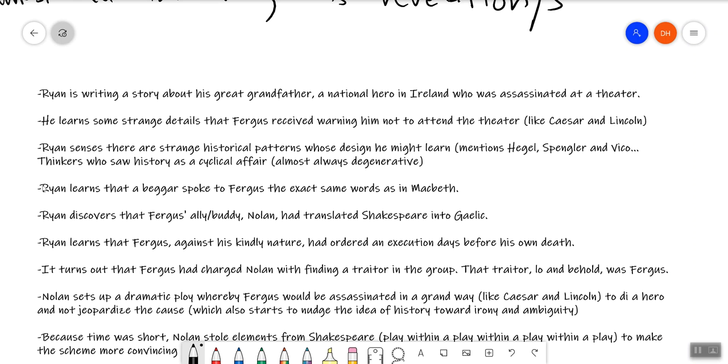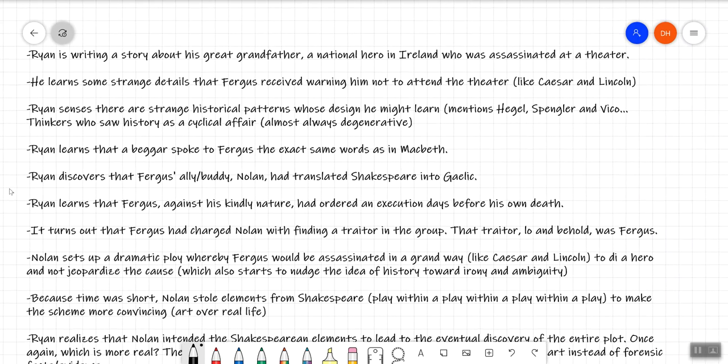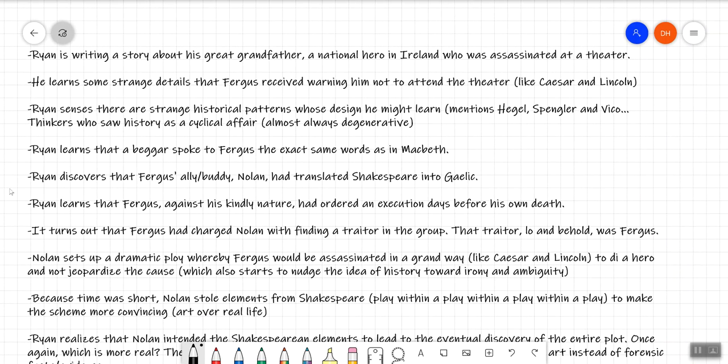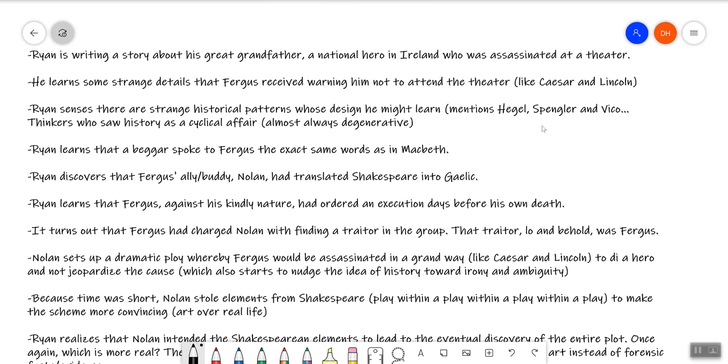Now, Ryan says he started to sense there are strange historical patterns whose design he might learn. He mentions Hegel, Spengler, and Vico. The Phenomenology of Spirit is Hegel's big work. Spengler wrote about the decline of civilization.